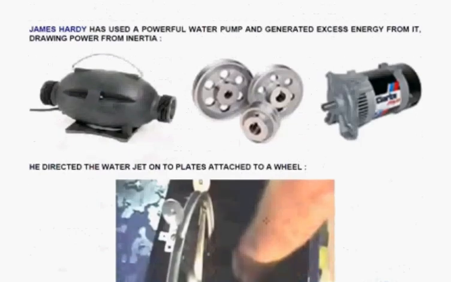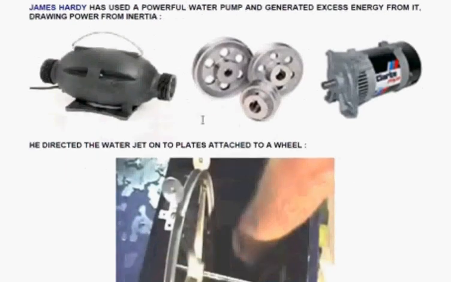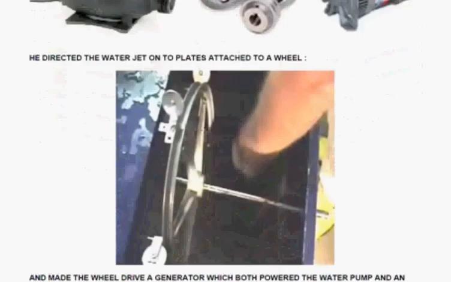A simple device that anybody can build is being produced by James Hardy. You'll find a video on YouTube from him. He uses a high-power water pump, and he generates excess energy from the inertia that's generated by this operation.